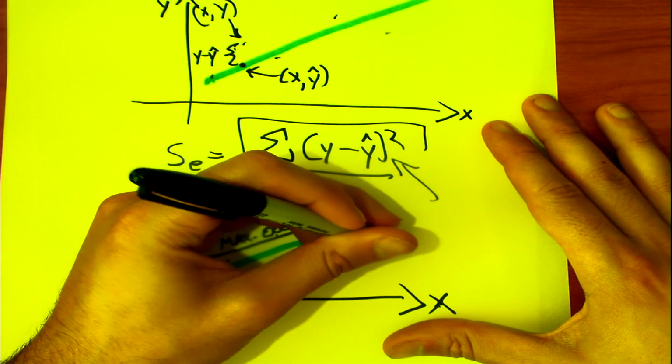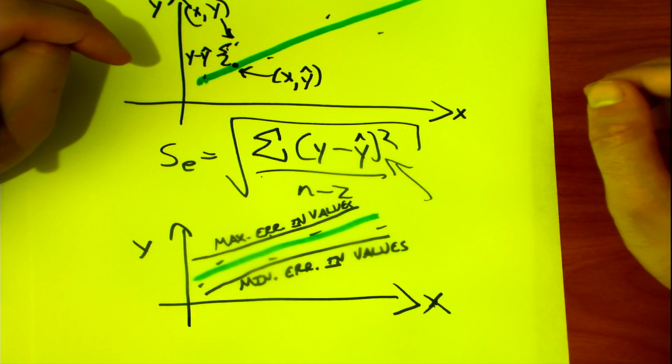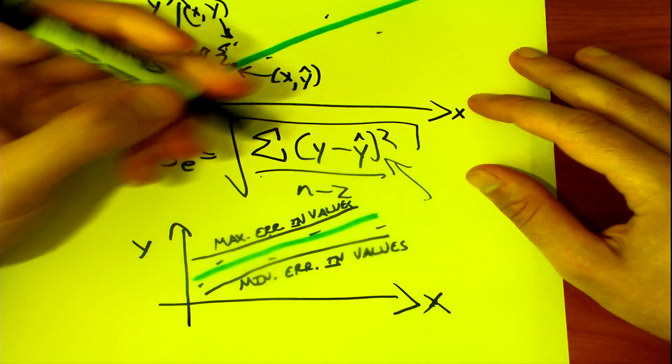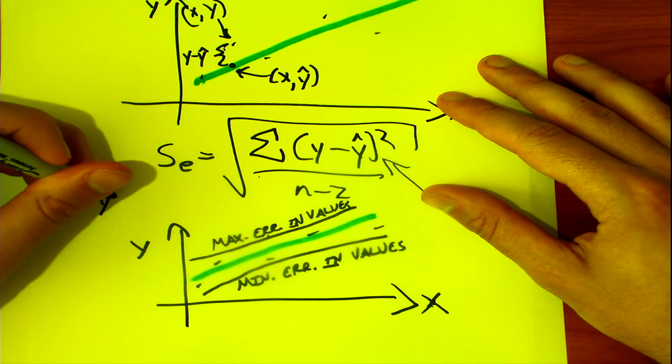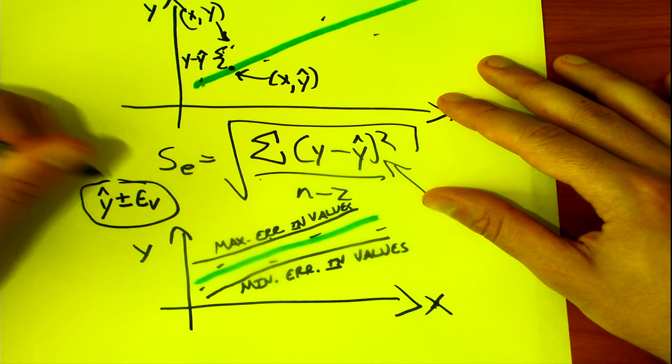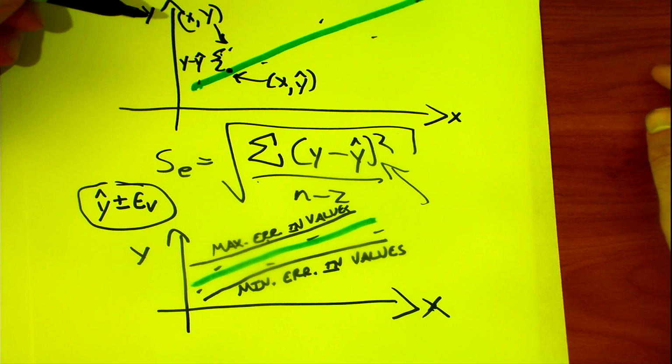It's how right or wrong y hat can be. You might think of it as y hat plus or minus EV. It's your uncertainty in y hat. Does that make sense to everyone?